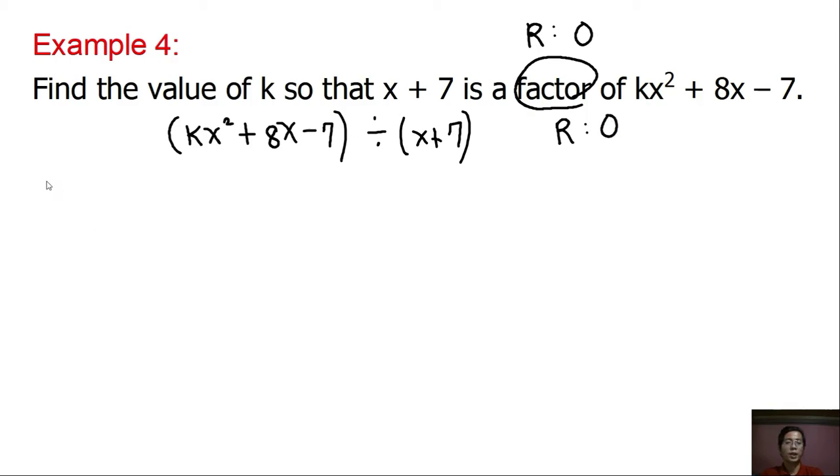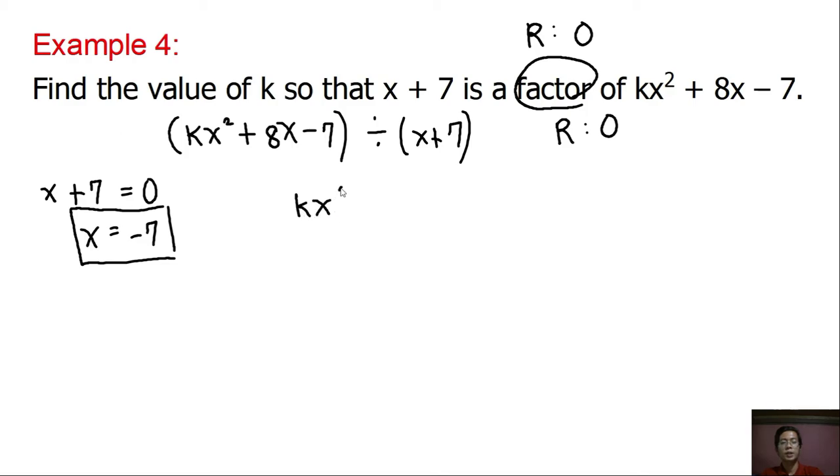Then, solve for k. So, x plus 7 is equal to 0. Equate the divisor to 0 and solve for x. X now equals negative 7. Tama? Okay, dahil x ay negative 7, substitute natin siya sa kx squared plus 8x minus 7. And pag sinubstitute natin si negative 7, that will be equal to 0. Kasi ang binanggit dito is it is a factor.